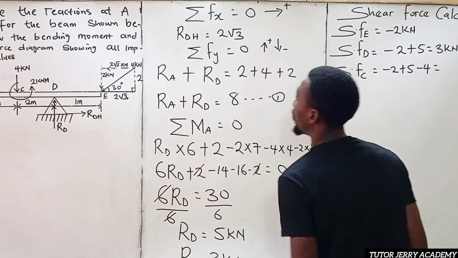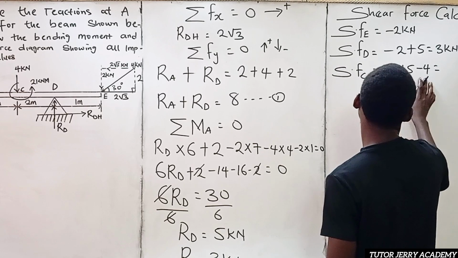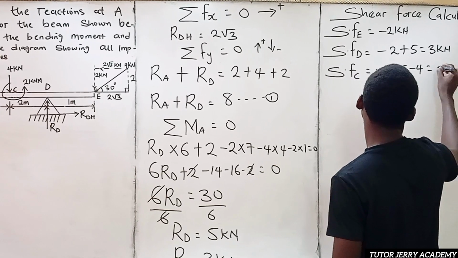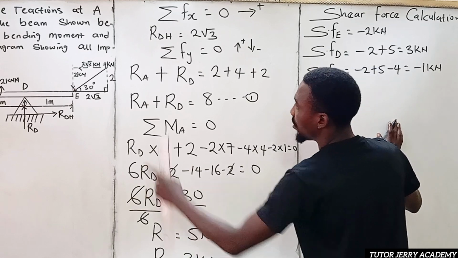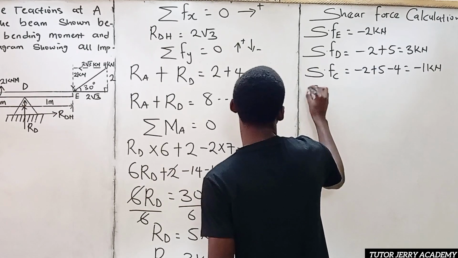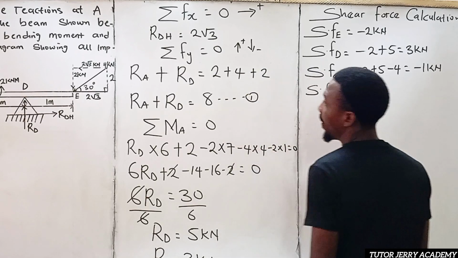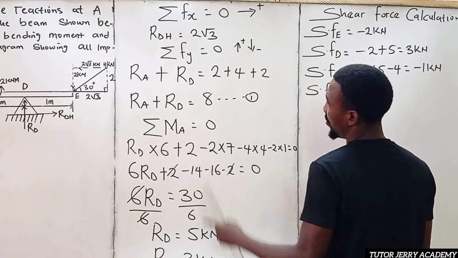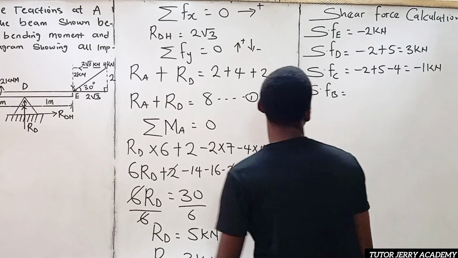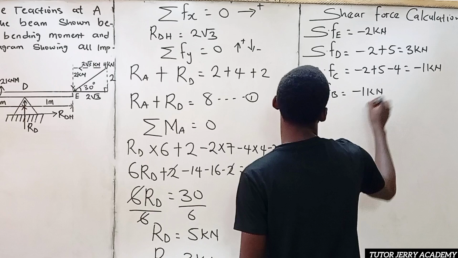So you are going to have this to be equal to minus 6 plus 5, that is minus 1. So this will be minus 1 kilonewton. Alright, so if you stand at point B, the shear force at point B will be the same as the shear force at point C. That is going to be minus 1 kilonewton.